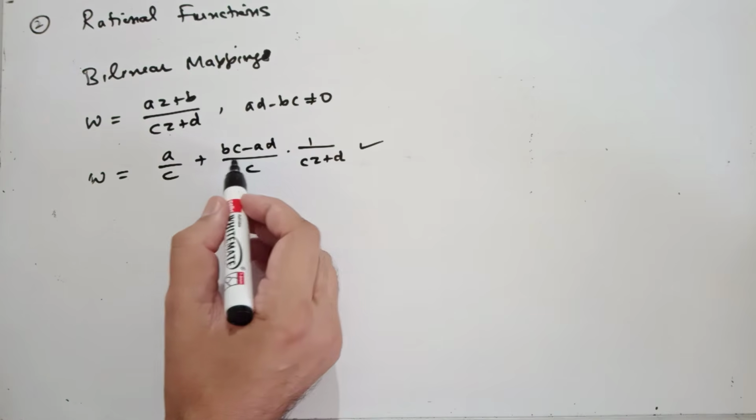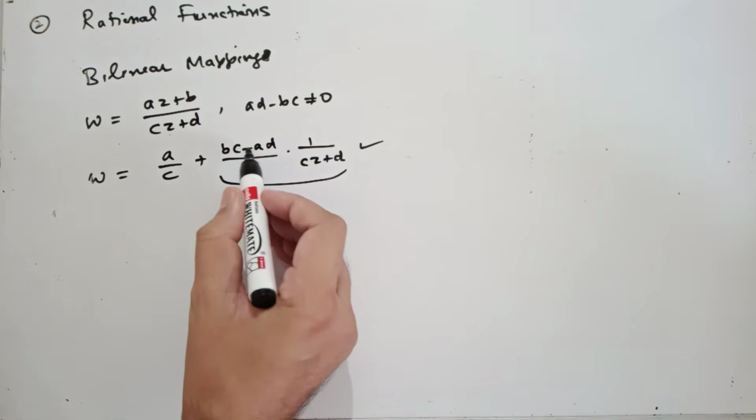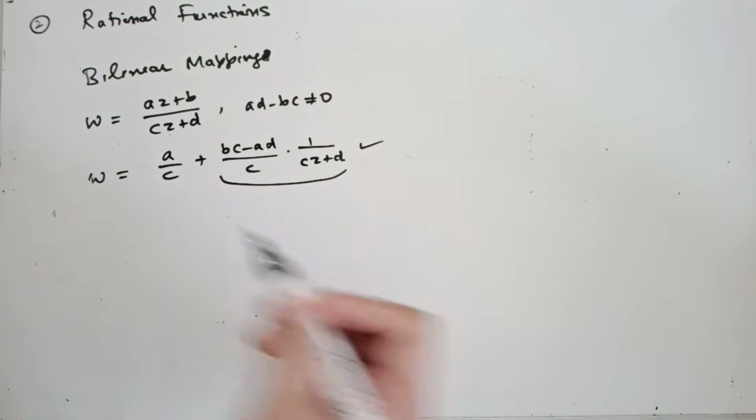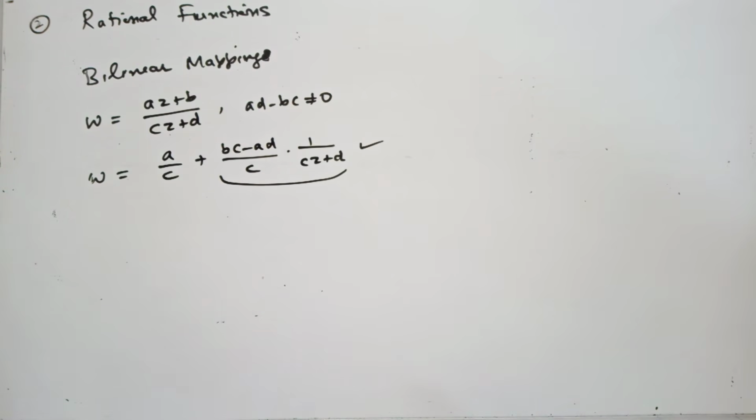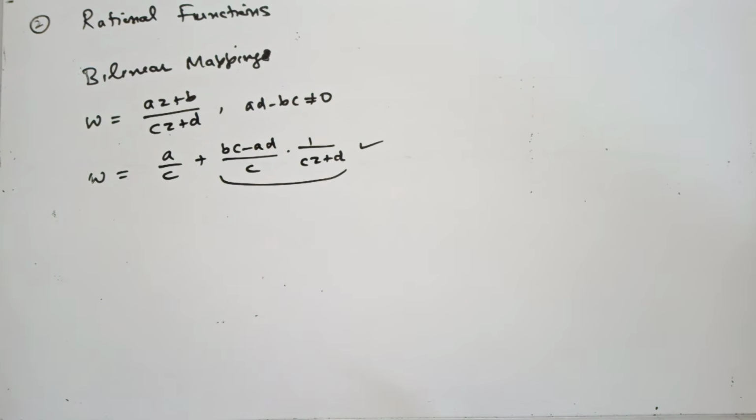Now if AD minus BC is 0, then this whole part is 0, because this factor is available here and you are left with a constant mapping. Okay, so to avoid this constancy, AD minus BC is taken non-zero. So this is bilinear mapping.